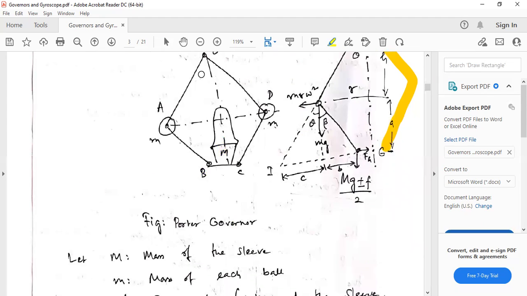Together these two balls are lifting this, so they will counter the total weight together. It is half and half because their lengths are equal and masses are equal. This will lift half of this force, and the other will lift half. Together they will lift the total. That's why Mg plus minus f by 2 is there. We have shown the half portion, that's why this is half.